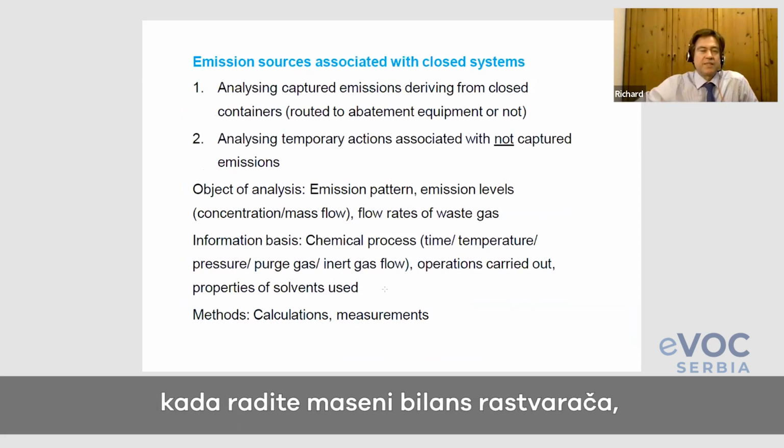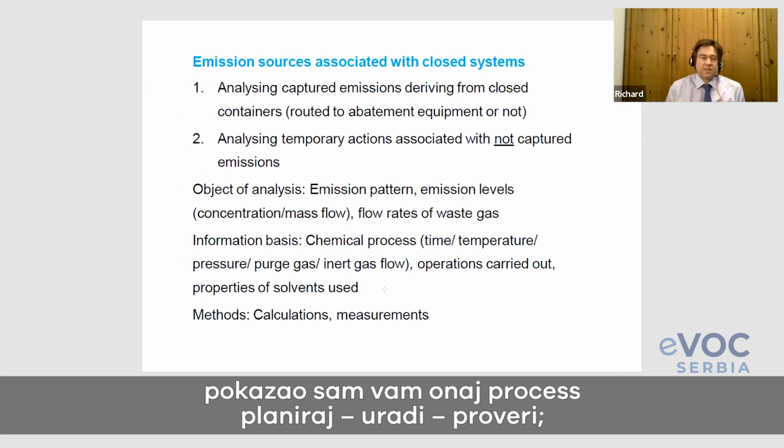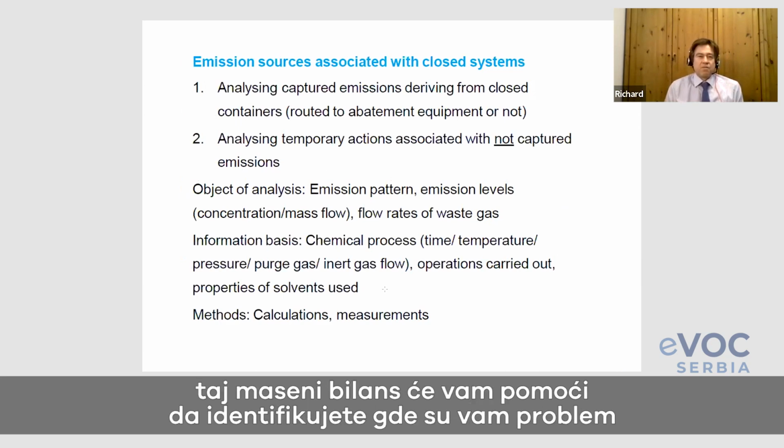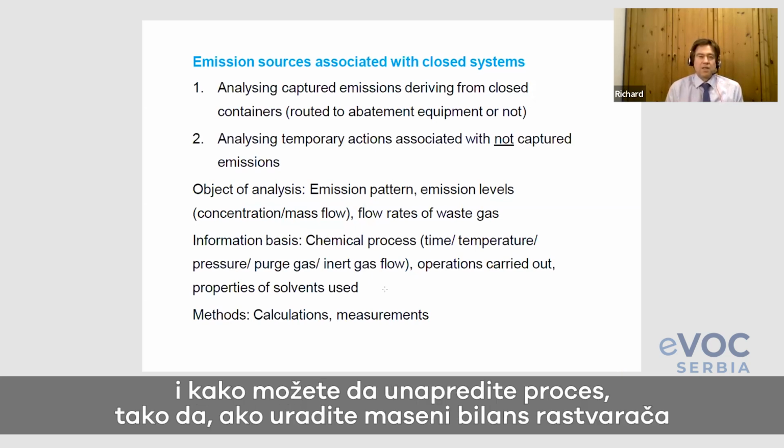So the reason is, when you do your solvent mass balance, I showed you this plan, do, check, act circle process, this solvent mass balance will help you to identify your losses and your problems. In other words, it can help you for sure to improve your process.